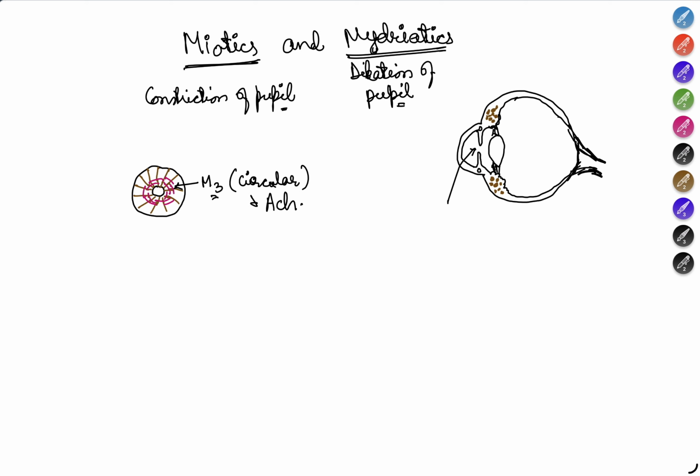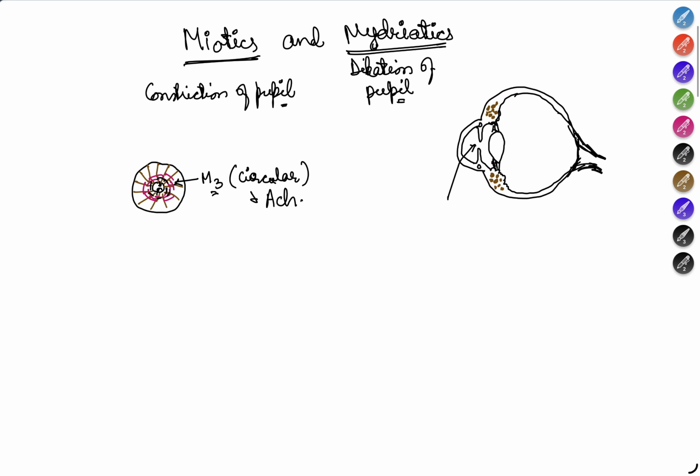If this muscle shortens, the aperture will close in. That will lead to what we call miosis. So the drugs which act like acetylcholine, or acetylcholine itself, or the cholinergic drugs, act as miotics.